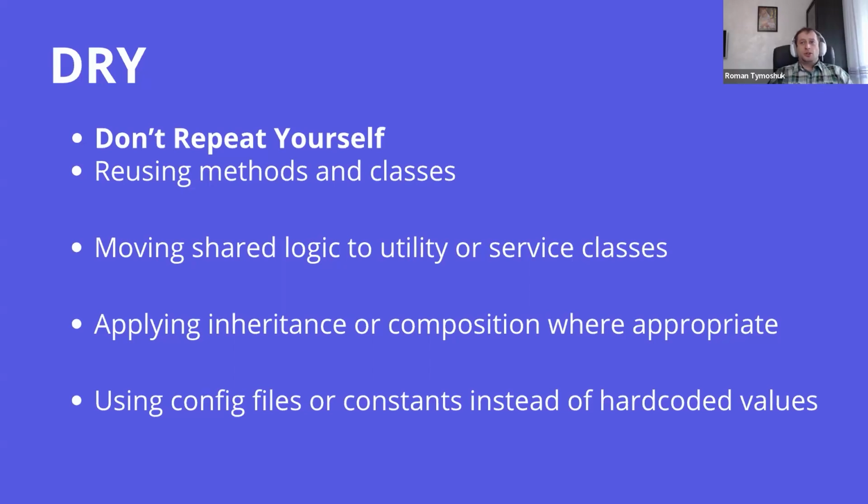Next one, moving shared logic to utility or service classes. For example, you have a date formatter, and the date formatter is following some principles. So it should be time, like hour, minute, second, then the date, month, and the year. This format is being used all across your application.